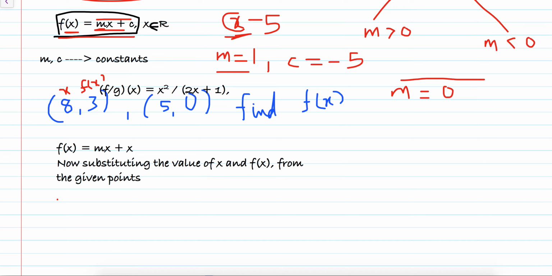So we will write 3 is equal to 8m plus c. So this is our first equation. Next we take 0, and x is 5, and our next equation is 0 is equal to 5m plus c.